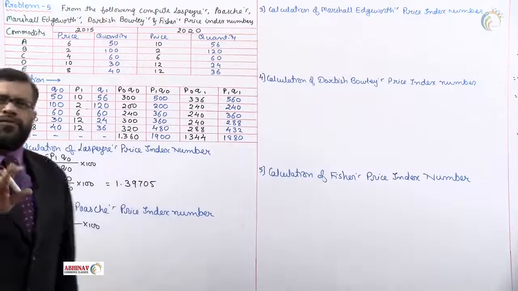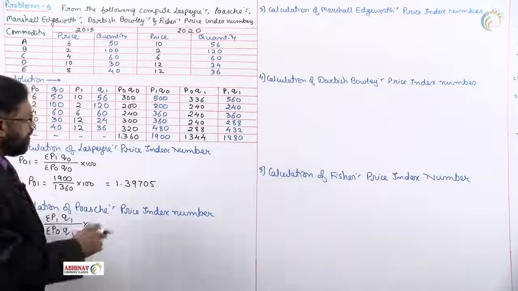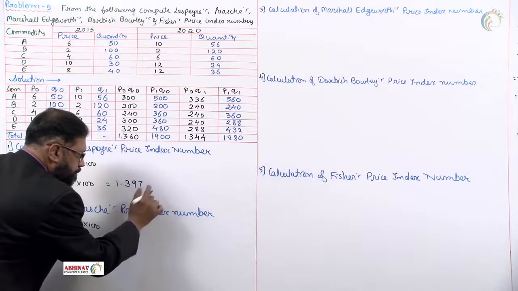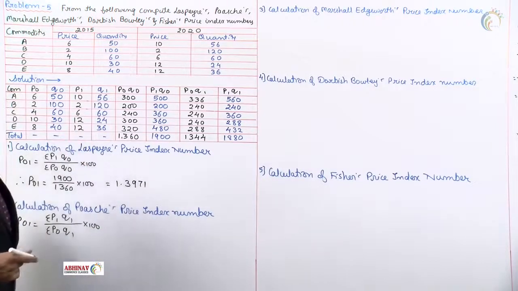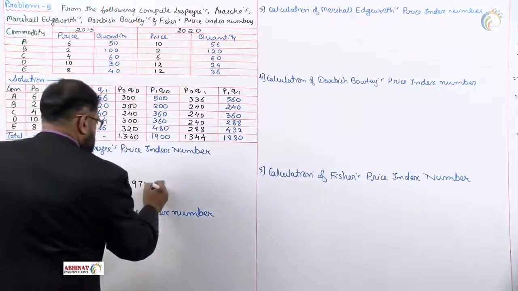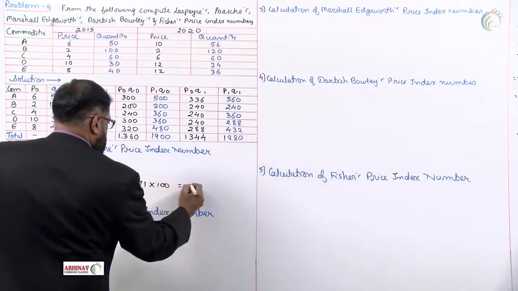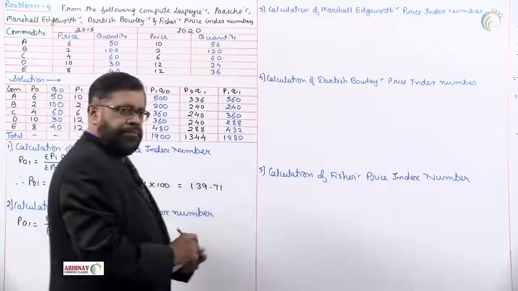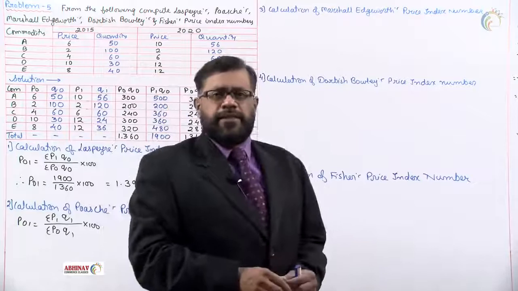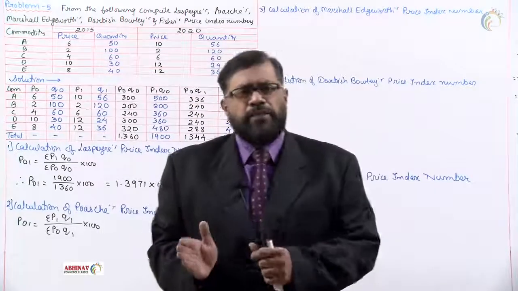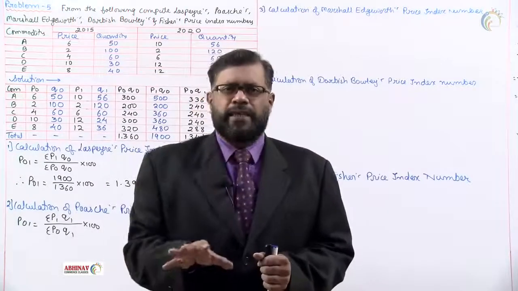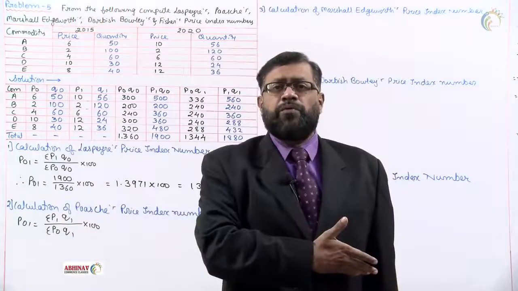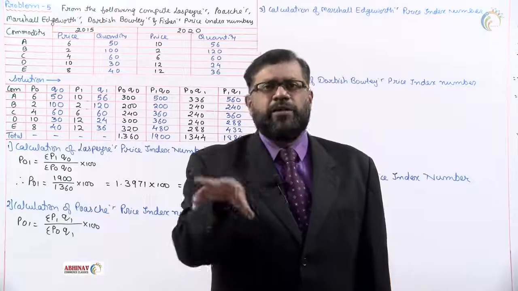After decimal, we'll take up 4 digits, so we exclude the 5, and the previous number is increased by 1. So it becomes 71, into 100. The answer is 139.71. Now when you solve all other formulas, the answer should be around 139. You cannot get a big difference in that.